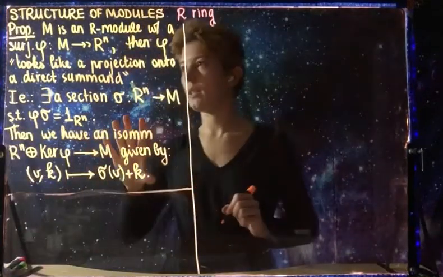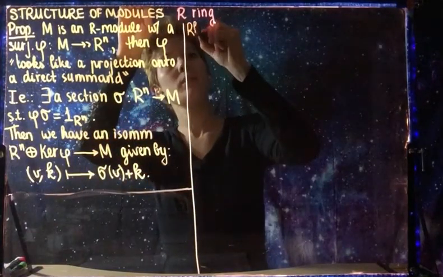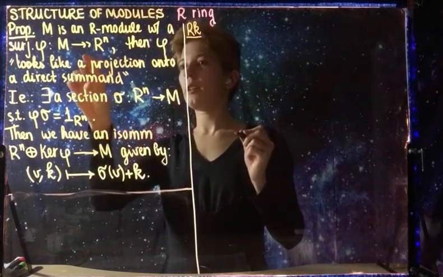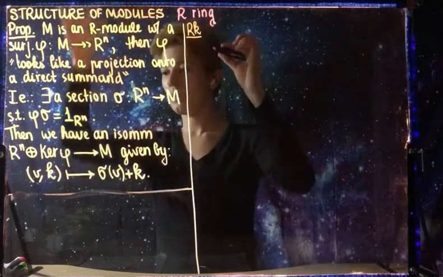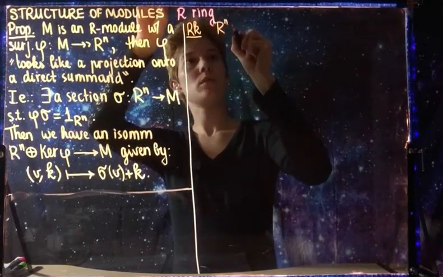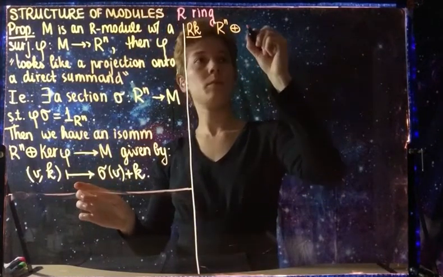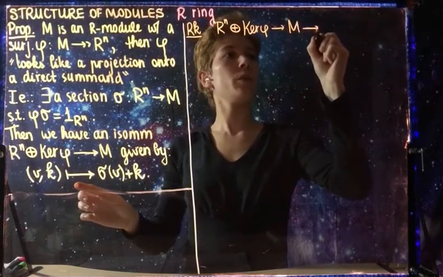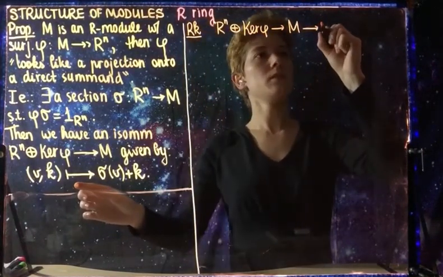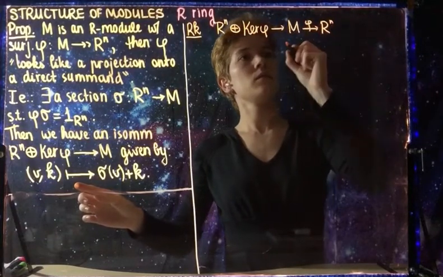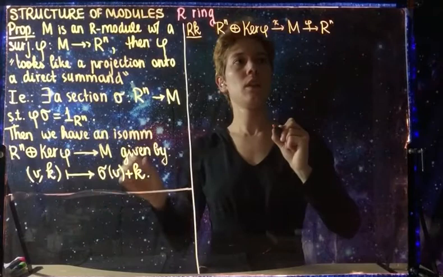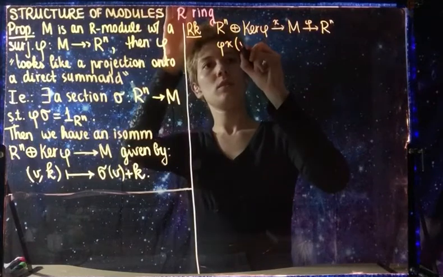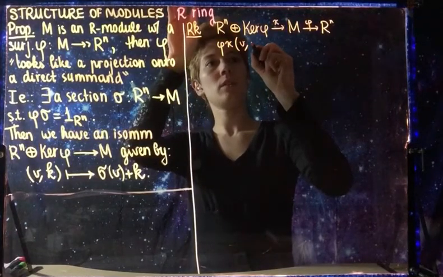So I proved this statement of the proposition, and I want to make a remark that under this identification, phi indeed looks like a projection onto a direct summand, because let's compose this isomorphism kappa with phi, and let's see what phi kappa looks like on v comma k.